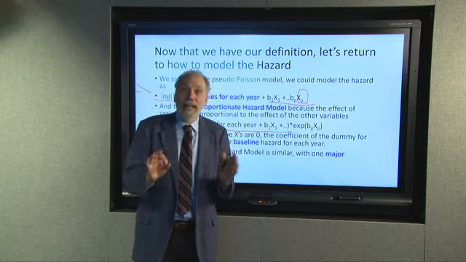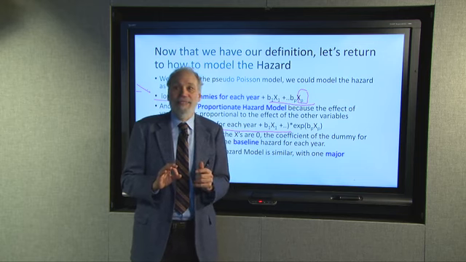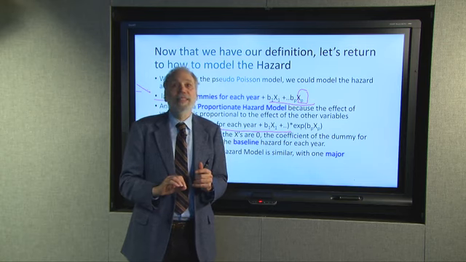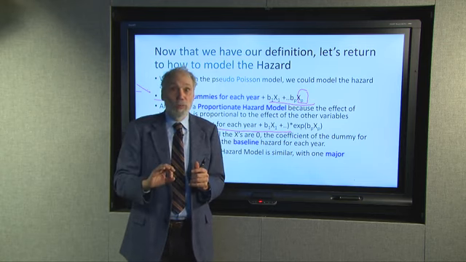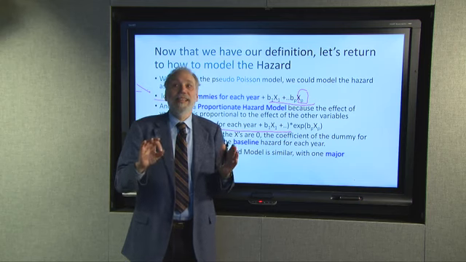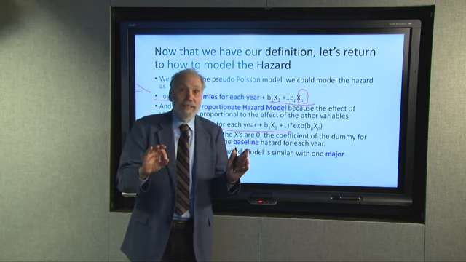So now the Cox proportionate hazard model. The difference is not that it's a proportionate hazard model, so is the pseudo-Poisson. The difference is the baseline hazard.